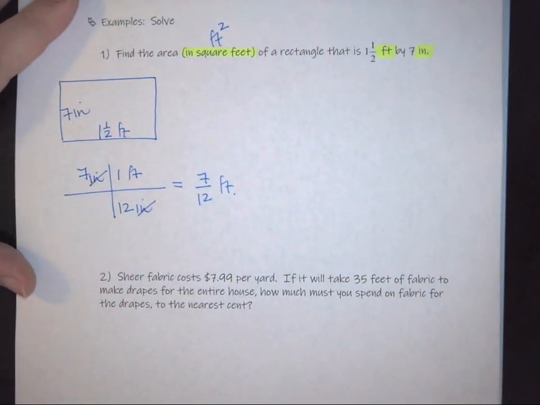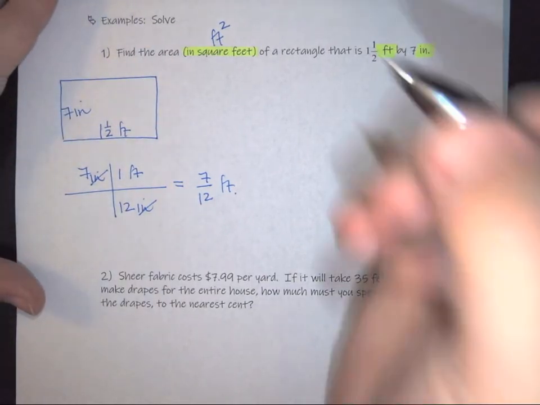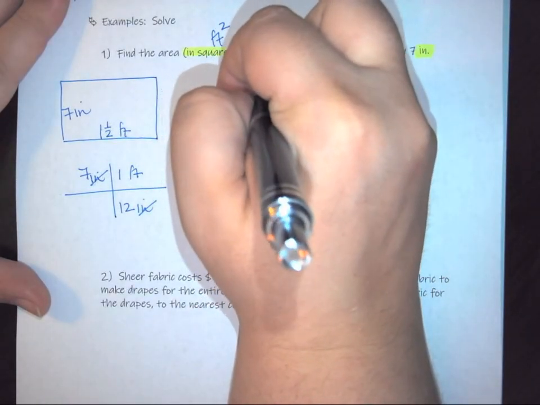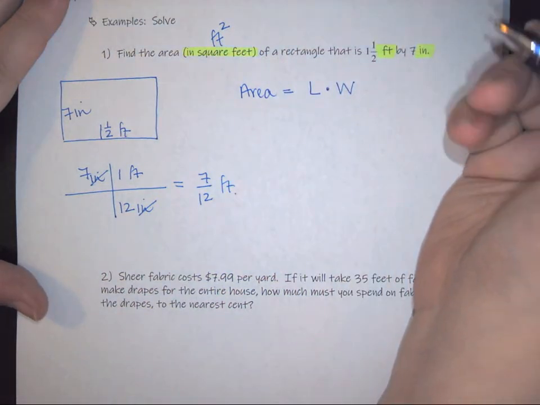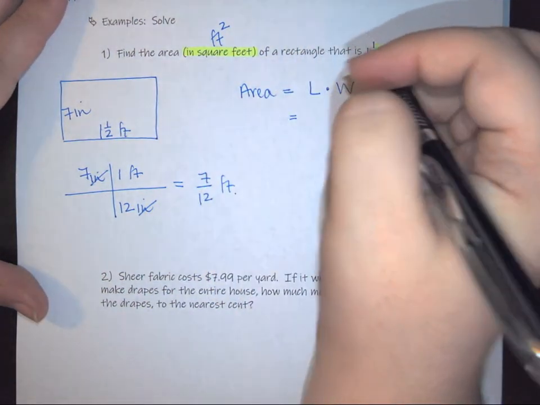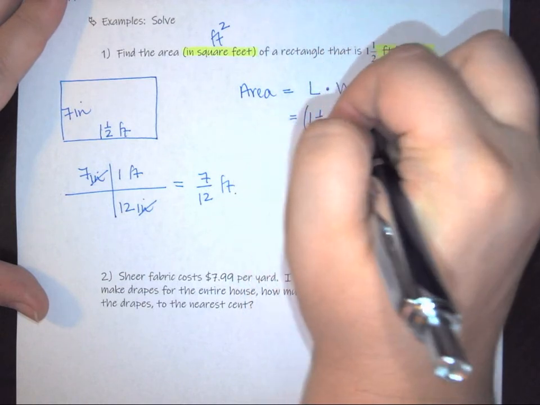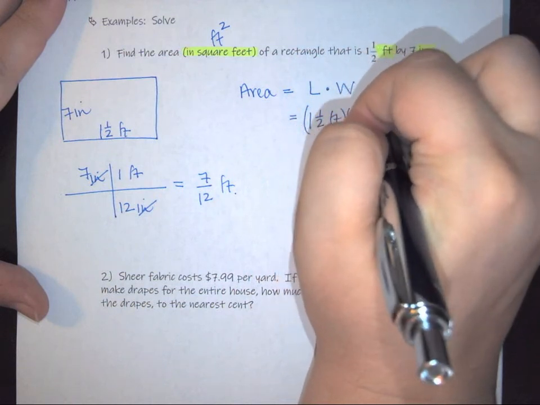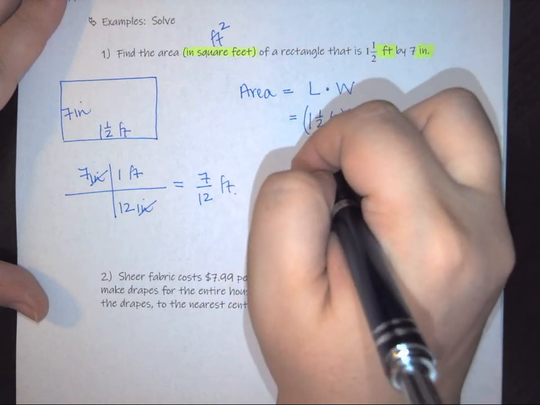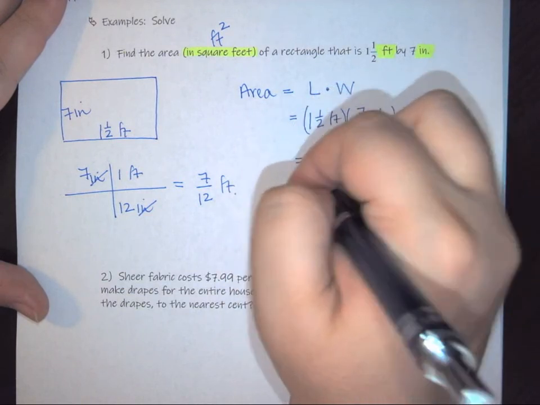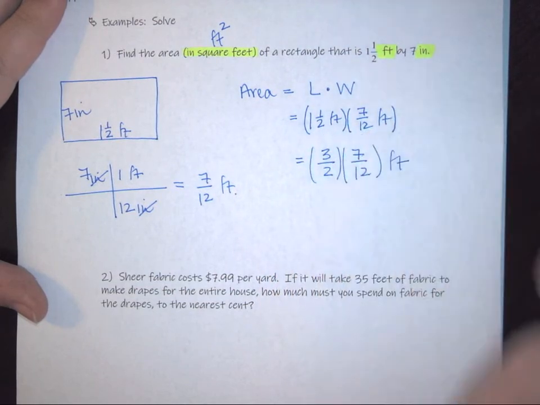Now, in this case, I would leave it as a fraction for now because my other length is a fraction. So here, we need to remember area is going to be length times width. So here, what we're actually doing is 1.5 feet times 7 over 12 feet. Well, 1.5 is the same as 3/2, and we're multiplying that by 7 over 12 feet.